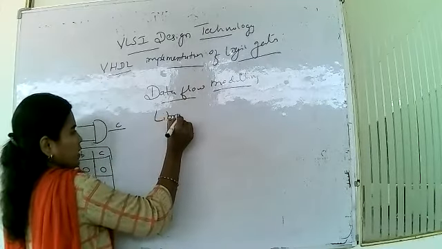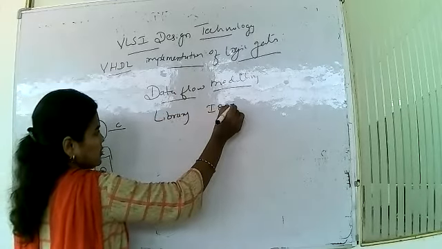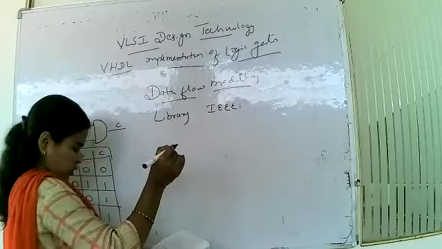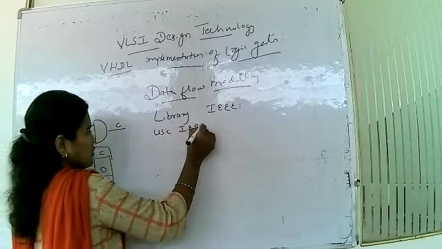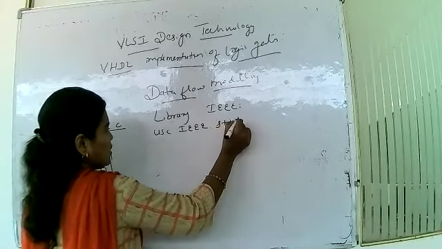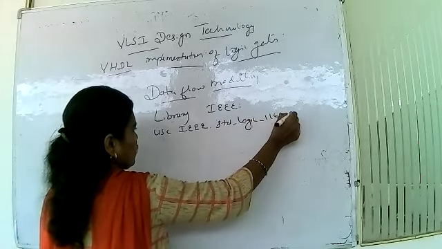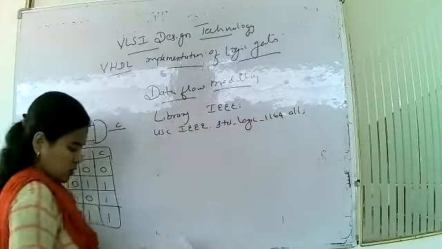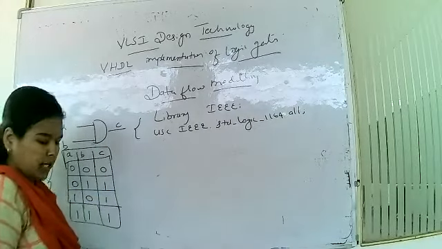First you have to write the library part: library IEEE; use IEEE.std_logic_1164.all. This is the library section, the package section.